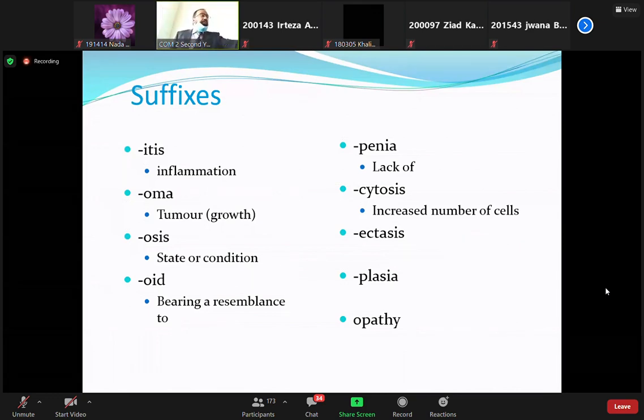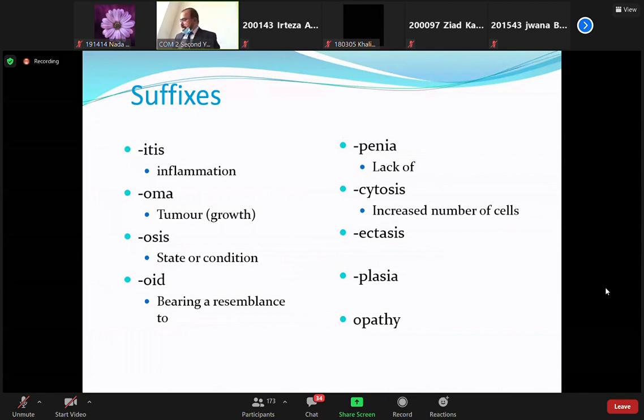The normal number of blood white cells is from 4,000 to 11,000. If somebody has 15,000 WBC, that will be called leukocytosis. If it is less than 4,000, say 2,500, we will call it leukopenia. Good. Ectasia means dilatation.